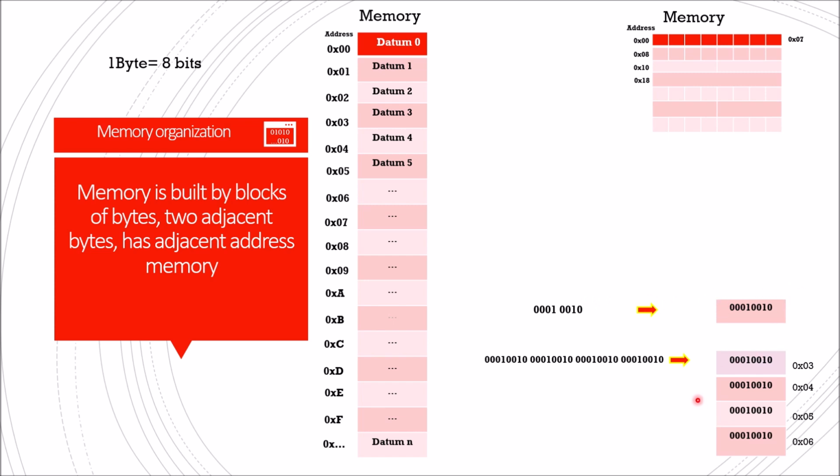However, in the second example here, the address in memory will be 3 up to 6, because this is the space that it occupies in memory. However, it is seen by the program as a single datum, no matter that it spans a larger location.